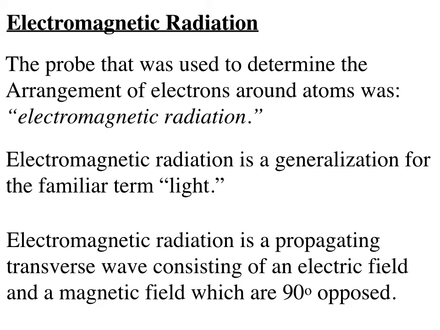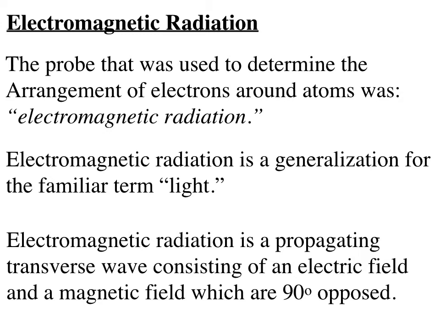So electromagnetic radiation is a generalization of what light is, some of it not the kind of thing we can see, but yet it is still an important probe to unravel the structure of atoms and molecules for that matter.